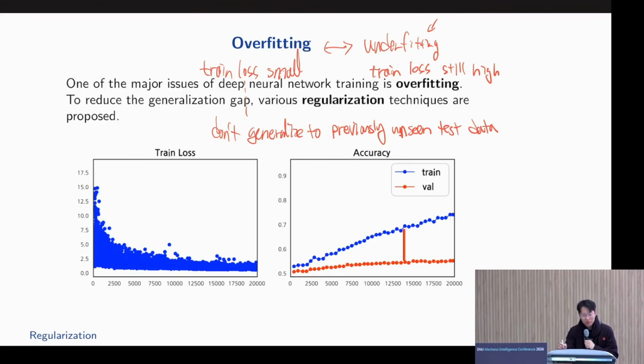Overfitting is when you know perfectly every single step of how to solve the previous exam. You basically memorized all the details. But if I change the exam questions, then you completely fail because you didn't learn the underlying concept. You basically just memorized the previous year's exam. So in machine learning, the whole purpose is to generalize to previously unseen test data.